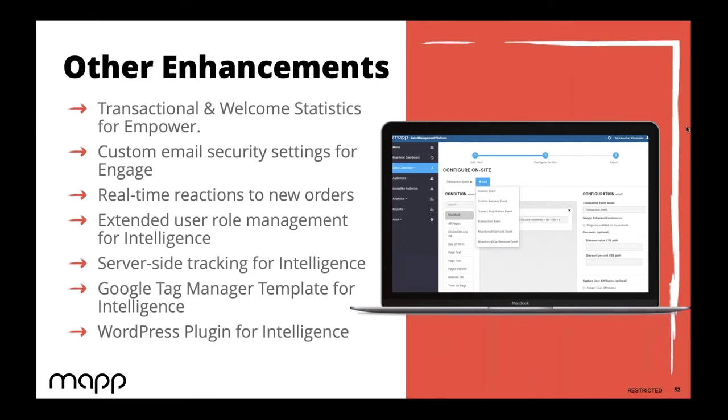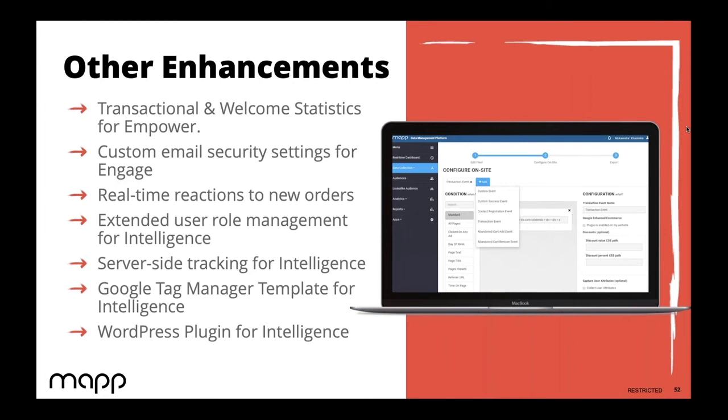So the user management in Mapp Intelligence is role-based, and we extended this role configuration so that you are able to define per user role what dimensions and metrics, meaning what data, a user can use. And everything which is disabled for the user will be excluded from the analysis he is running.